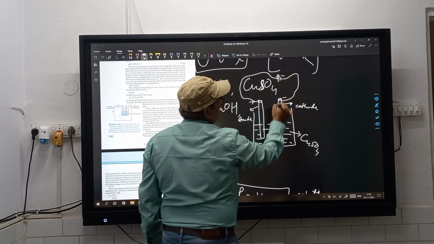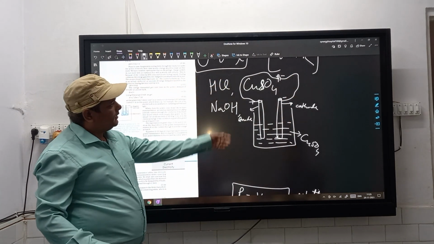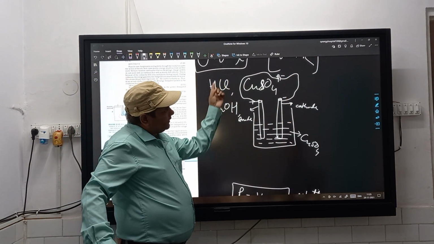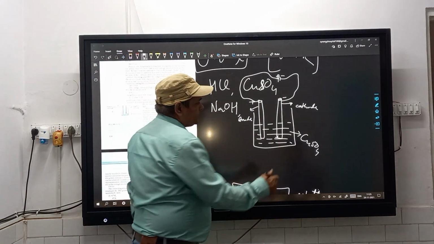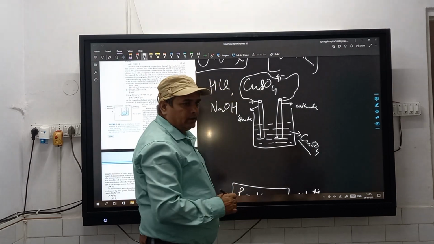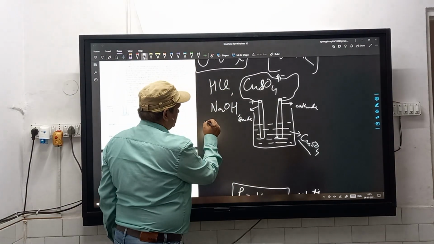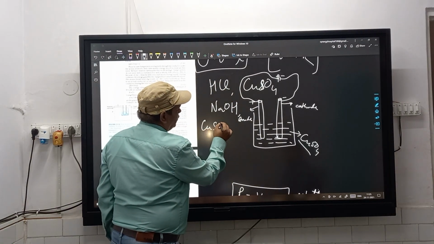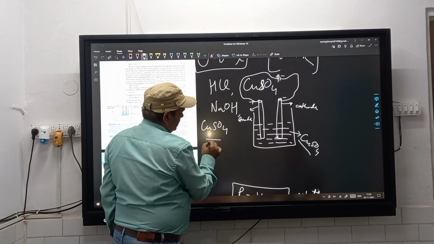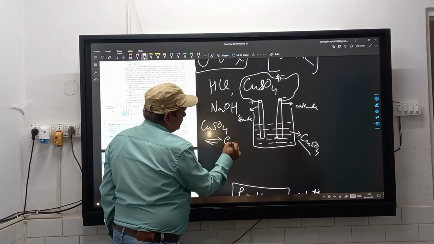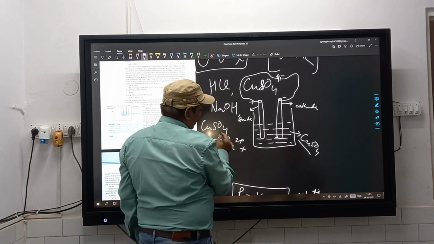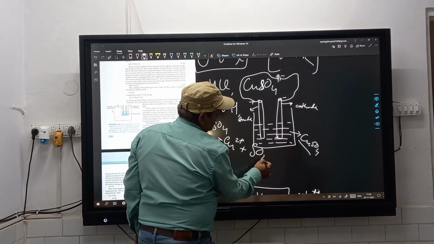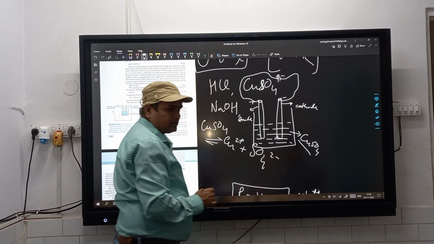When terminals of the battery or cell are connected here, current starts to flow and this gets dissolved into two parts. CuSO4 gives Cu2 plus and SO4 2 minus.